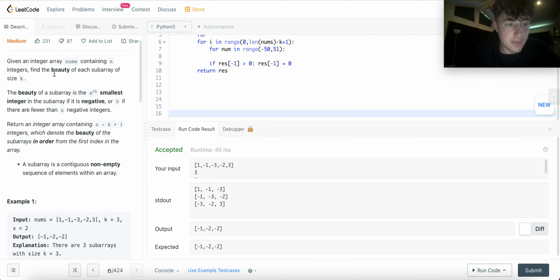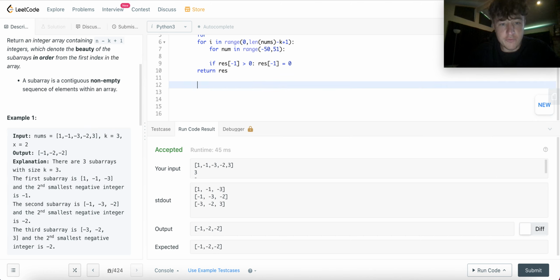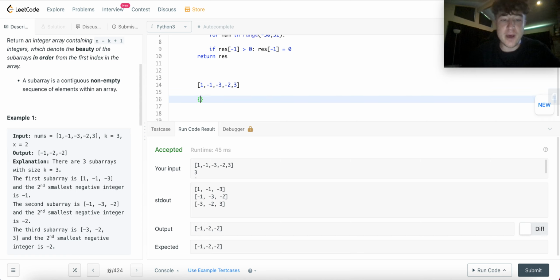Sorry, let's think of this a different way. If we use the frequency idea here, we're doing size 3 subarrays. So if we first populated some dict with 1 has frequency 1, -1 has frequency 1, -3 has frequency 1, this would be our first subarray, 1, -1, -3, the frequency of each thing.